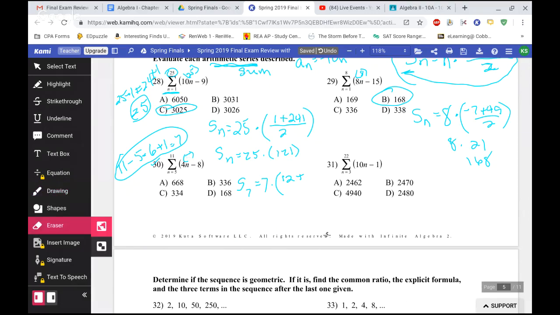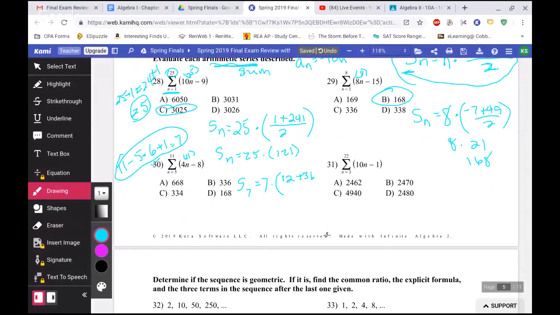Plug that into the original equation: 4 times 11 is 44, and 44 minus 8 is 36. All of that is divided by 2. So 12 plus 36 is 48. 48 divided by 2 is 24. And 24 times 7 is 168. So your answer is D.